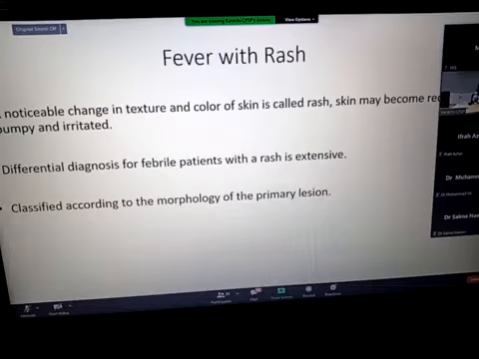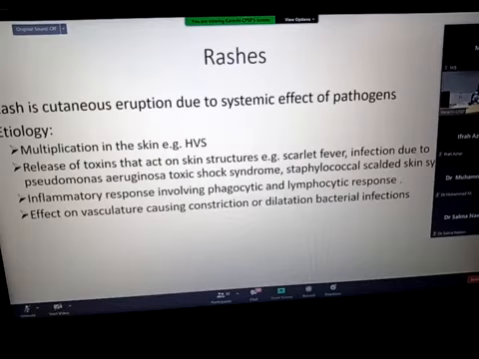Then we are going to discuss the classification as well. They are classified according to the morphology of the primary lesion or according to the type of the pathogens causing the disease. Rash can be defined as a cutaneous eruption due to systemic effects of pathogens.